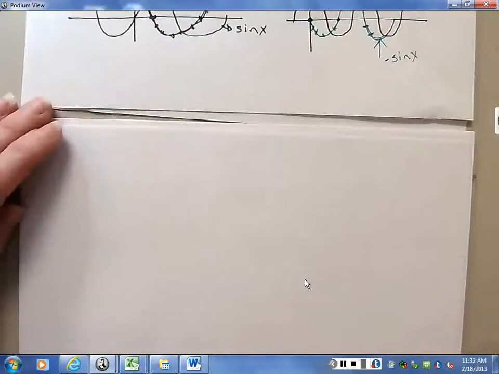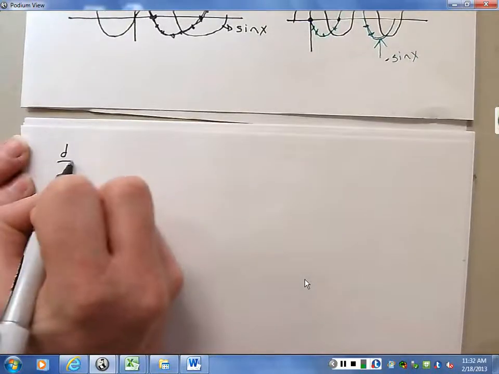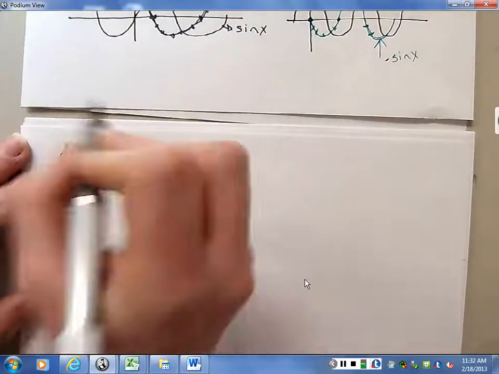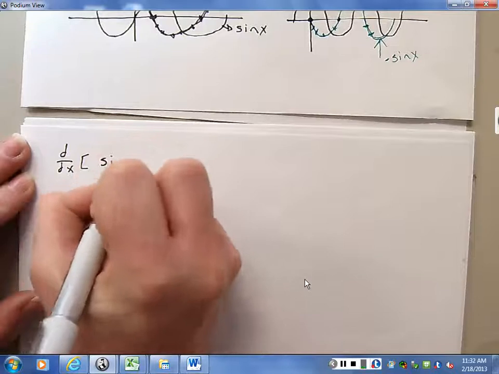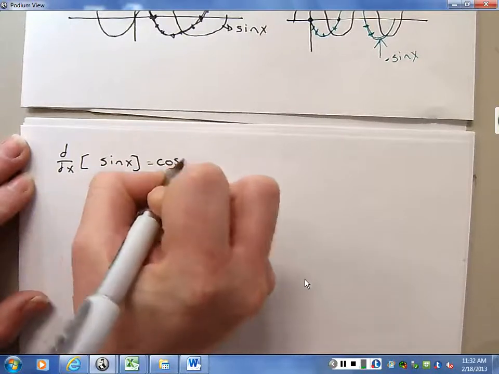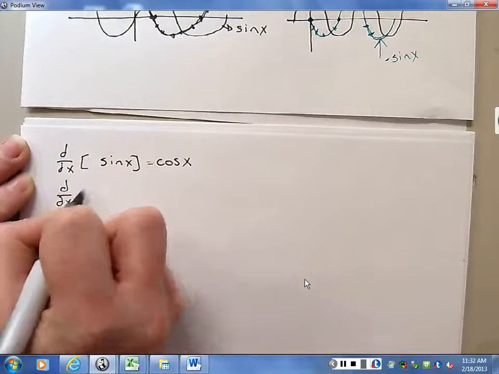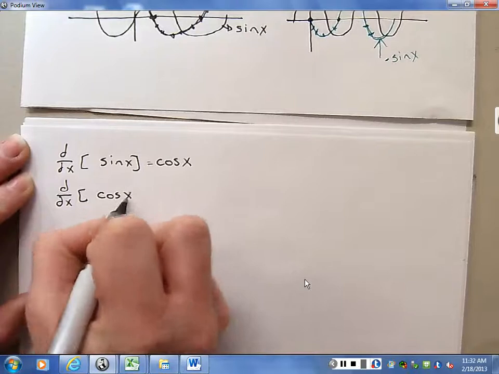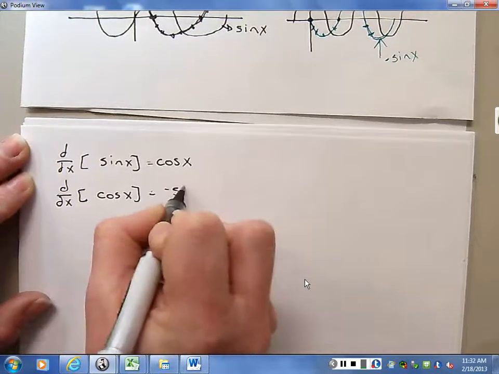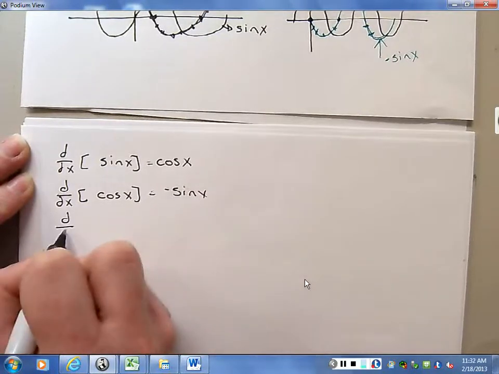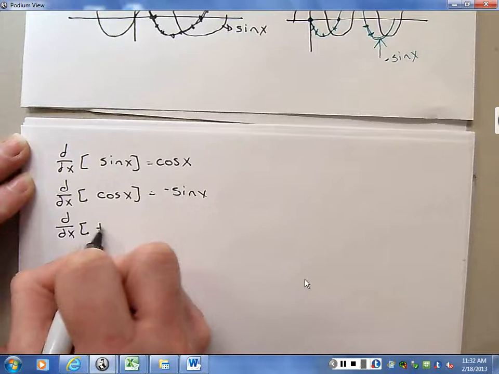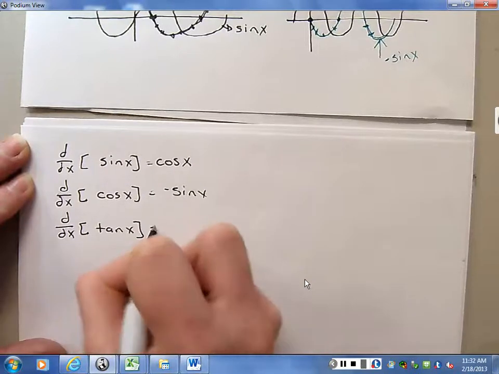Pretty straightforward there. Okay, let's summarize, because I think it'll be beneficial to see all the trig functions grouped together. The derivative of sine of x is cosine of x. The derivative of cosine is minus sine. The derivative of tangent is secant squared.